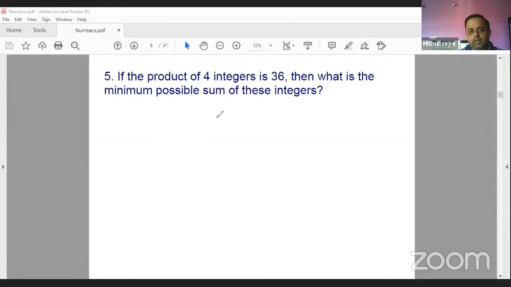You are having 4 integers, say A, B, C, D, whose product is given to you as 36. So A multiplied by B, C, D, their product is 36. The question is asking you the minimum possible sum.